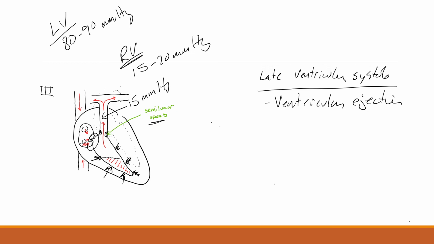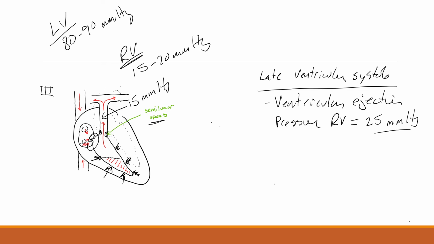So now again, on the right side of the heart, that means we have to generate about 15 to 20 millimeters of mercury. And in fact, we'll generate much more pressure than that. It doesn't just barely exceed the minimum, it actually goes above. So the pressure in the right ventricle will actually reach a maximum of about 25 millimeters of mercury.